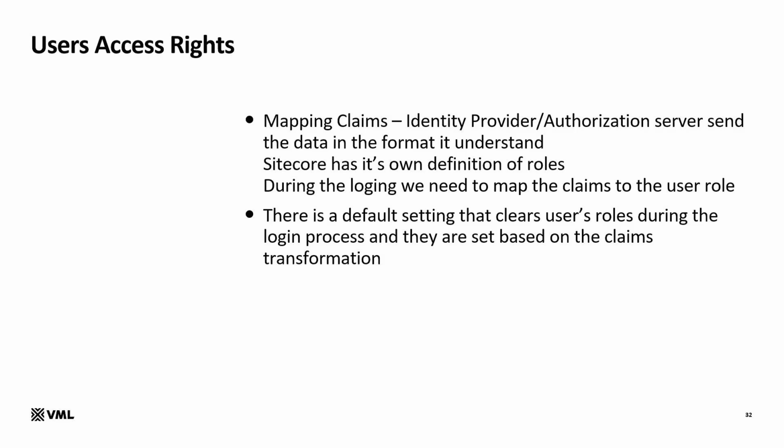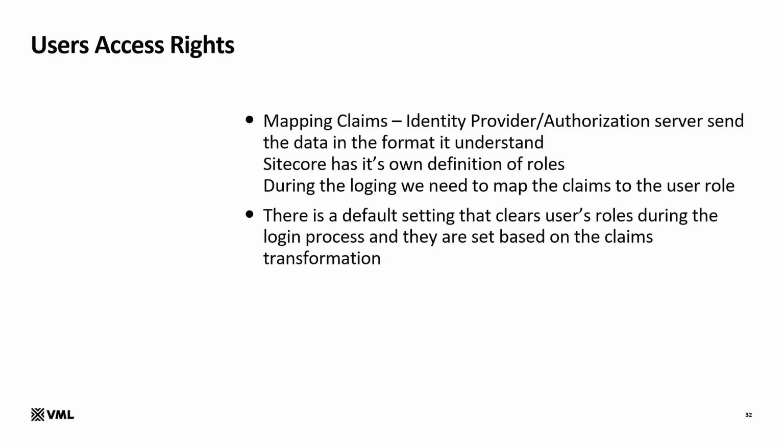And yeah, mapping claims. So for example, in identity providers we can define some rights for the user. The user can be assigned to some roles that will be generic or defined in the identity provider, and based on those roles, we want to assign the user proper roles in Sitecore.